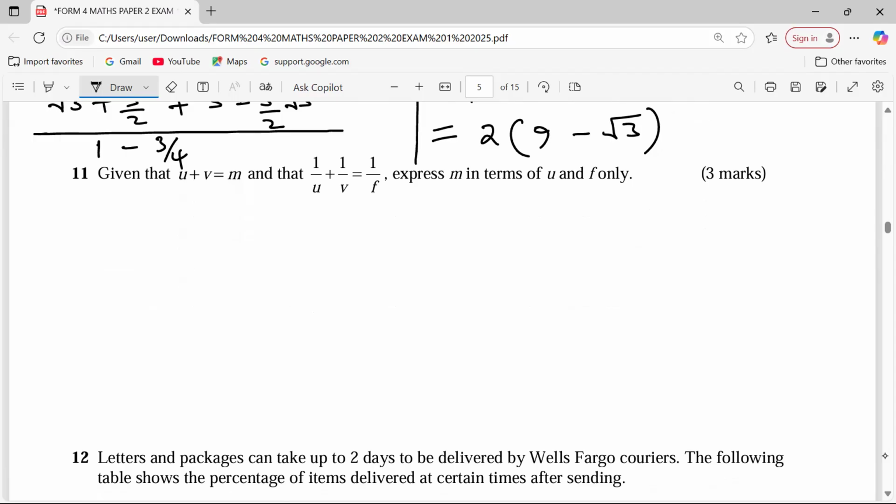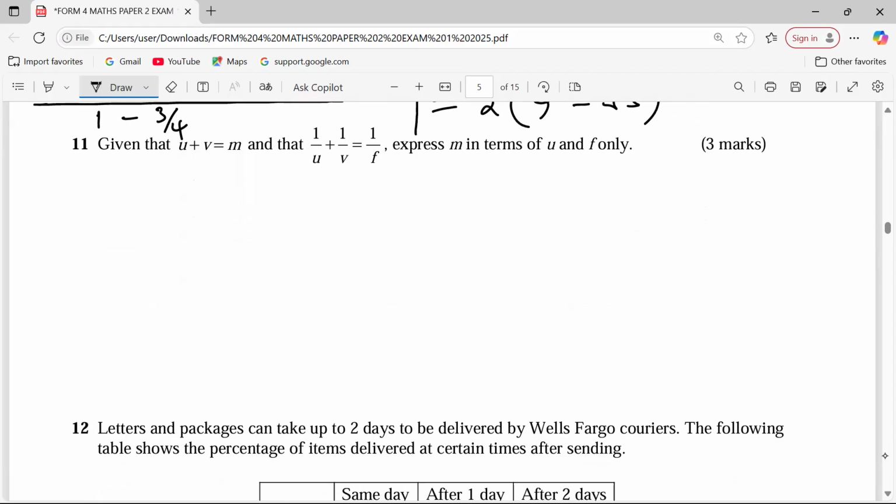Well, those who take physics from Form 1, that is thin lenses, will understand that this is what we call the mirror formula or the lens formula. So it is a combination of the lens formula in physics and the concept in Form 3, making the subject of a formula, or changing the subject of a formula.